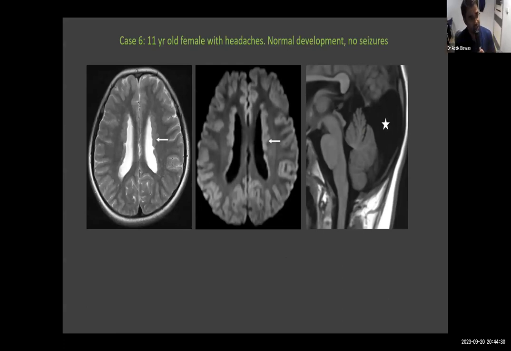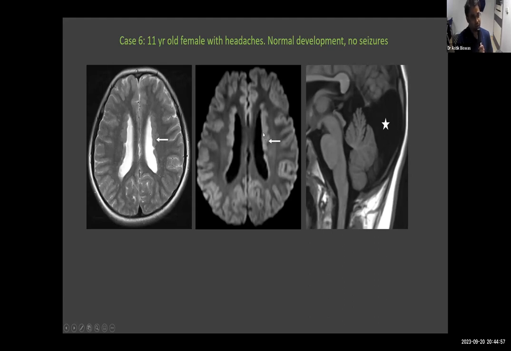So case 6, an 11-year-old female, again important here, with headaches, otherwise normal, no seizures, no focal neurology. Axial T2 weighted, diffusion weighted, and sagittal T1 weighted images. The findings are this obvious symmetric nodules along the lateral ventricles, and they are isointense to the cortex.